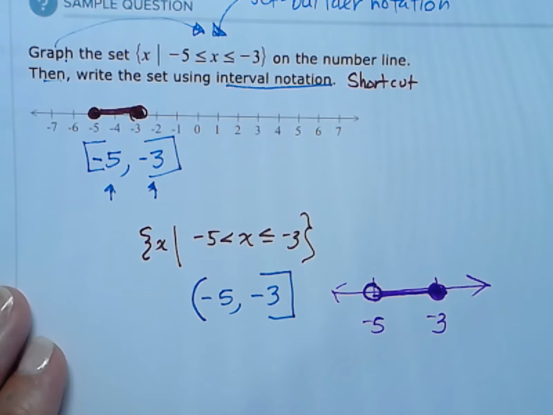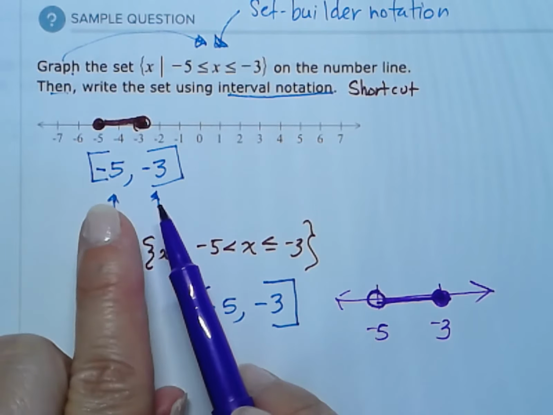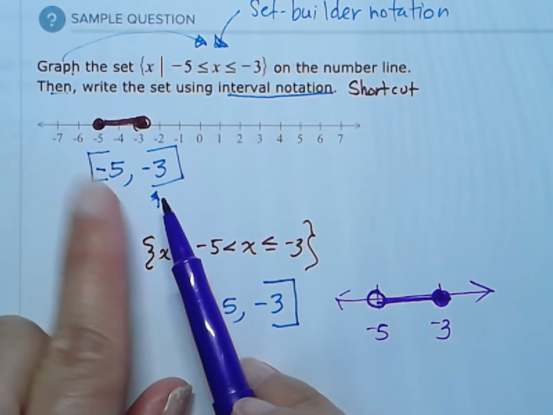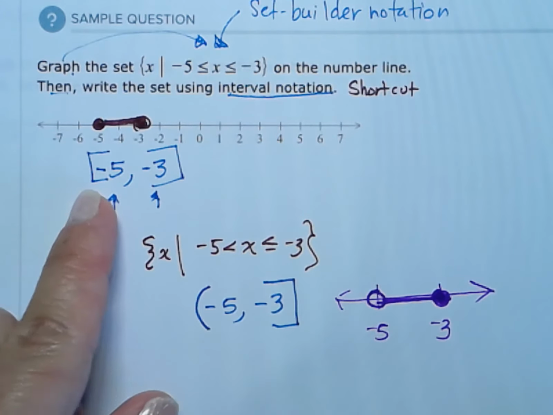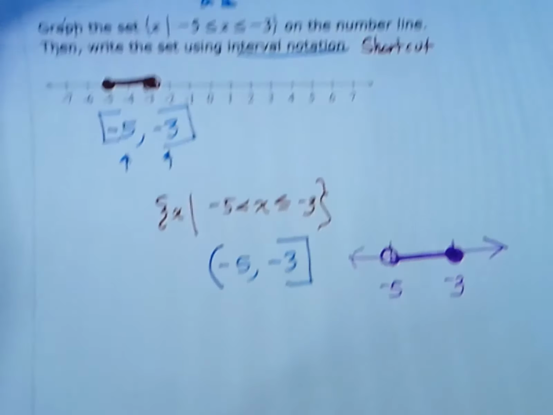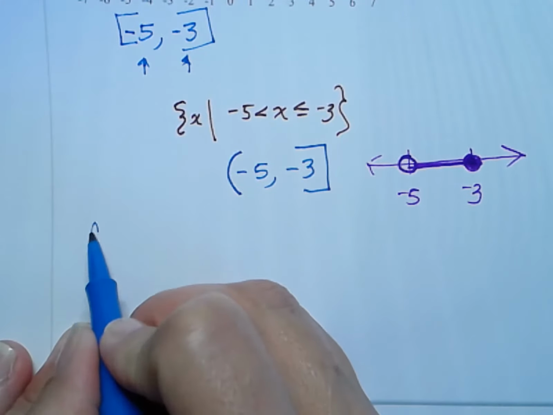Okay, so what if I don't have an upper bound and a lower bound? What if this goes all the way and I shade the arrow? Well, not a big deal. You just won't see two numbers. So let's look at an example.